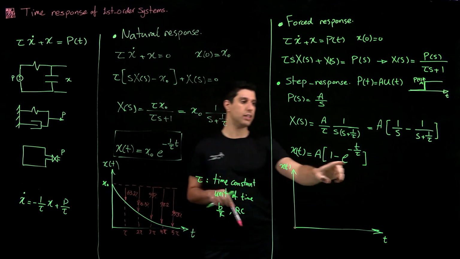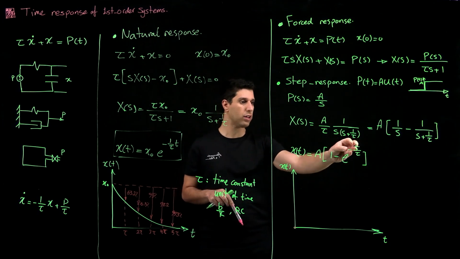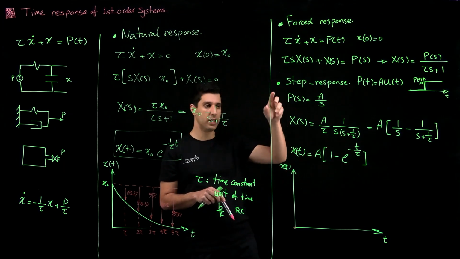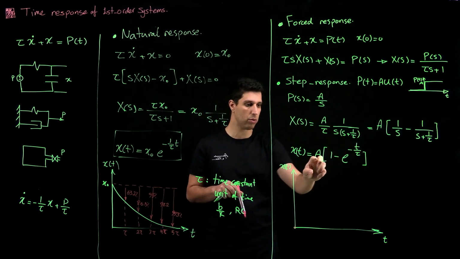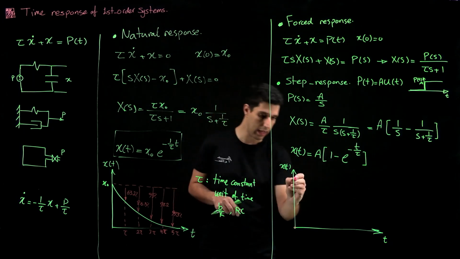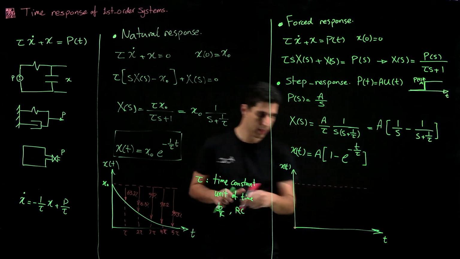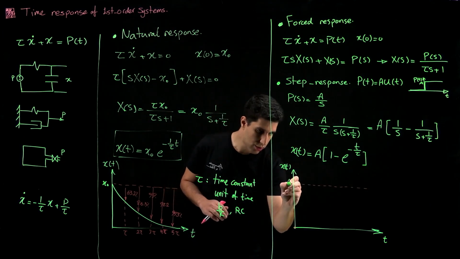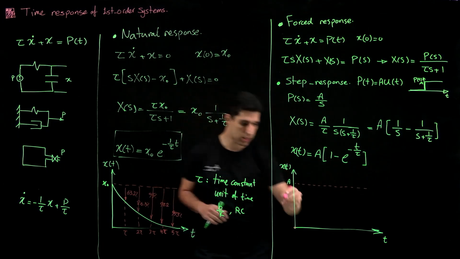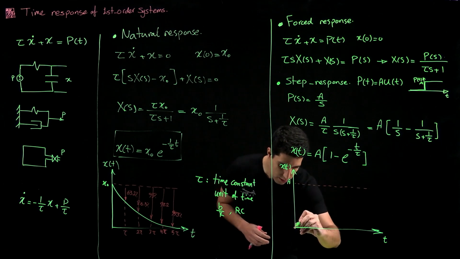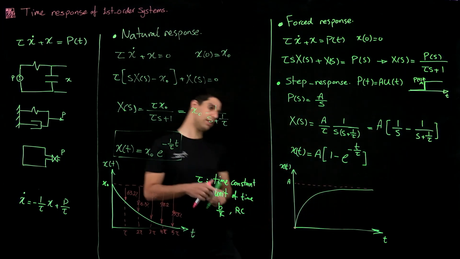And as t goes to infinity, assuming that tau is a positive value, it's e to the minus some large number, so that goes to 0, and I'll converge to A. I will reach A, and the rate of increase is exponential. So I'll try to make it something like that.